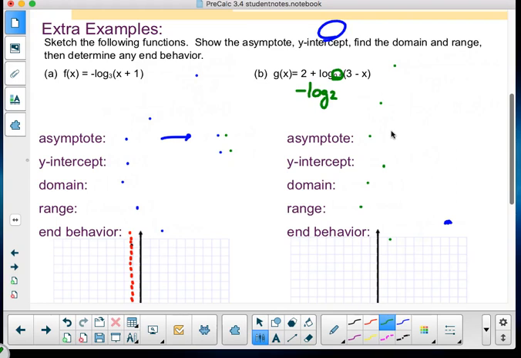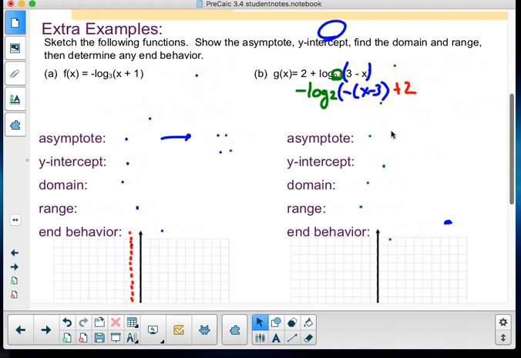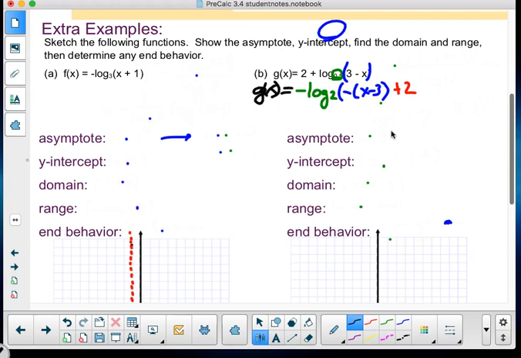That means it's a reflection over the x-axis right now. I'm putting the 2 to the end of my function. Inside here, let's change colors. Inside here, I have the negative x minus 3. That's the rewrite, okay? My end is plus 2. So my g of x, to help me graph faster and easier, is written out that way.